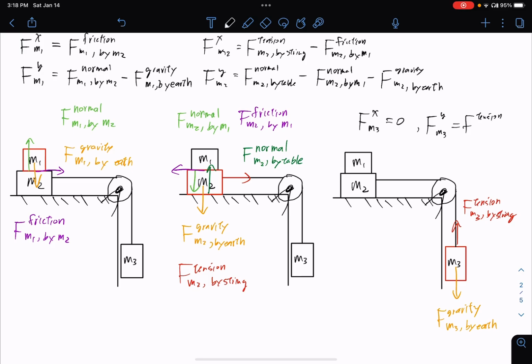And then there's going to be gravity going down, so it will be negative according to our convention. We have to subtract gravity on M3. So these are all the equations we can list to get the net force on these three boxes.